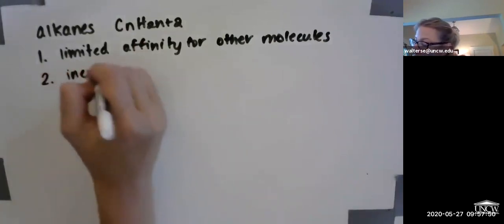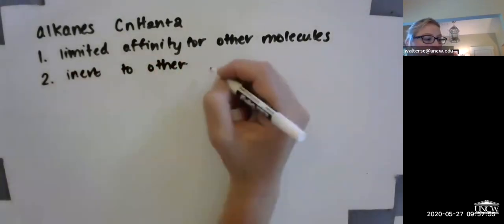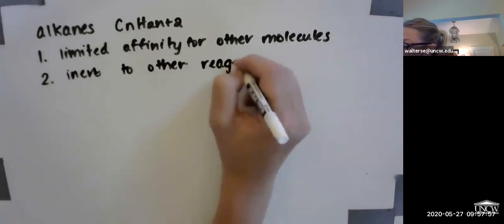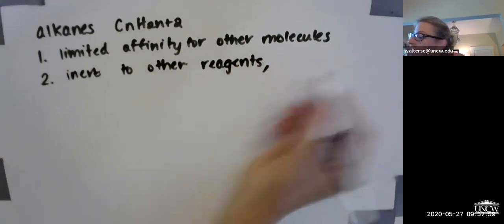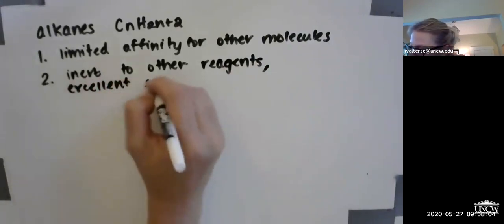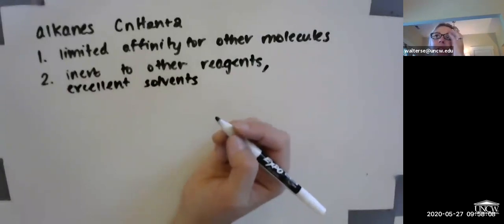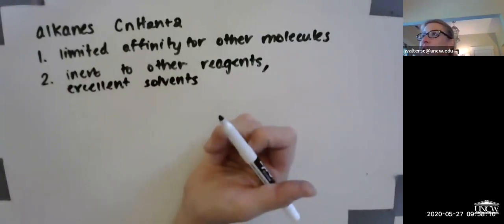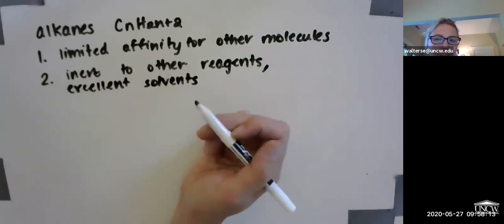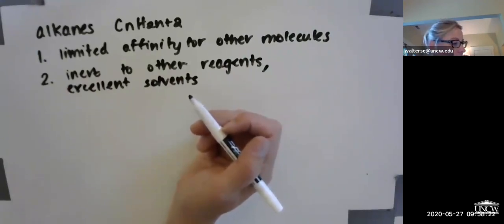They're pretty much inert, which means they don't react with other reagents, which makes them excellent solvents. But you need to be about 4 carbons, 5 carbons, 6 carbons to get liquids. The smaller alkanes like methane and ethane and propane are gases.